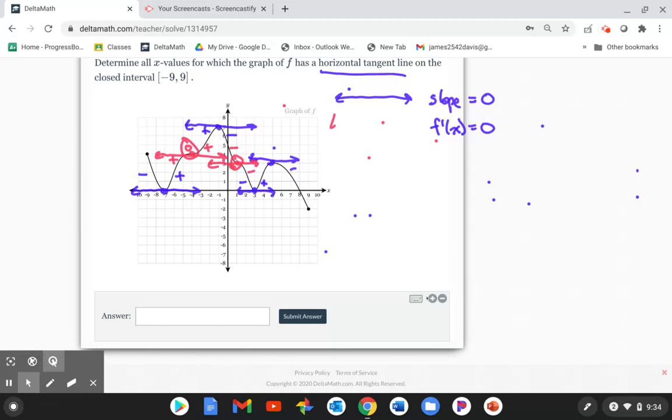So we're going to type all of these in, the x values. There's going to be a lot of them. I think we have 6. So it's going to be at -7, at -4, at -1, +1, 3, and 5.